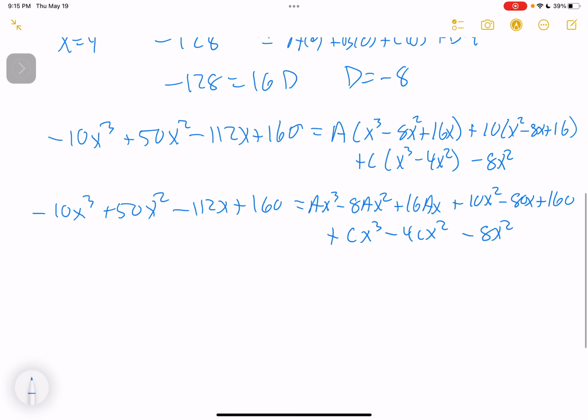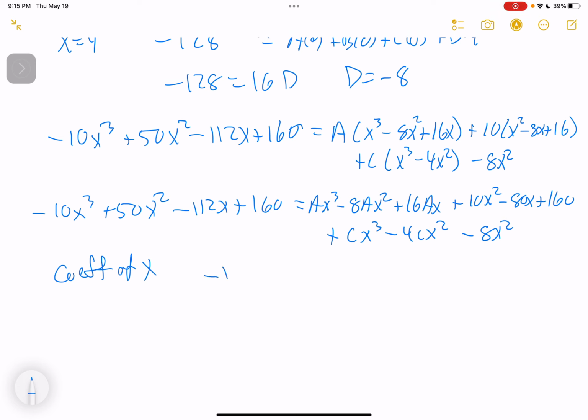Now I'm going to look and see if there's something that's unique for a. I have an ax cubed, but I also have a cx cubed, so that's not going to do anything for me. I have an 8ax squared, but I have a minus 4cx squared, so that's not going to help either. But I do have a 16ax, so I can look at the coefficient of x.